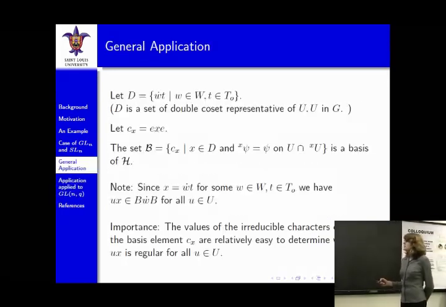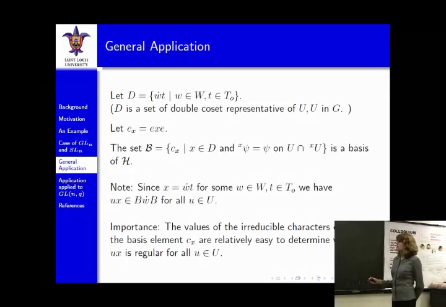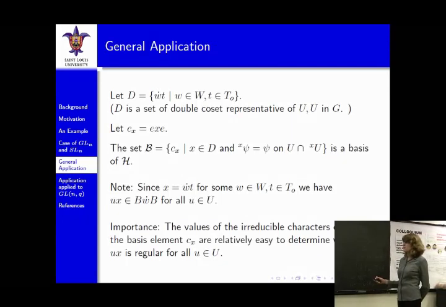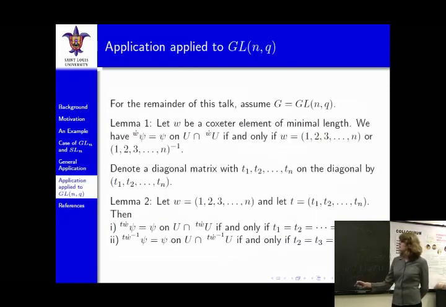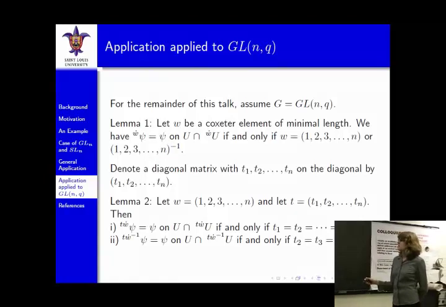Remember that our basis here, we only took the C sub x where we had the situation where the conjugate character was equal to the character on this intersection. So I want to know when I take this Coxeter element, is the conjugate character equal to the regular character on this intersection?